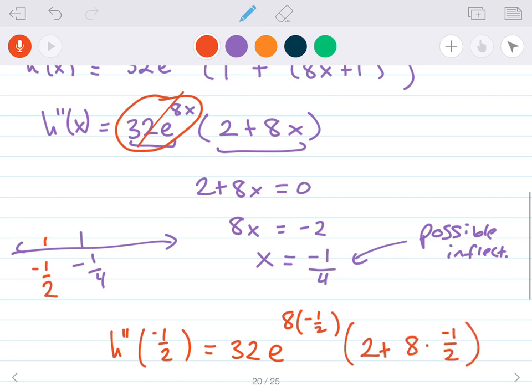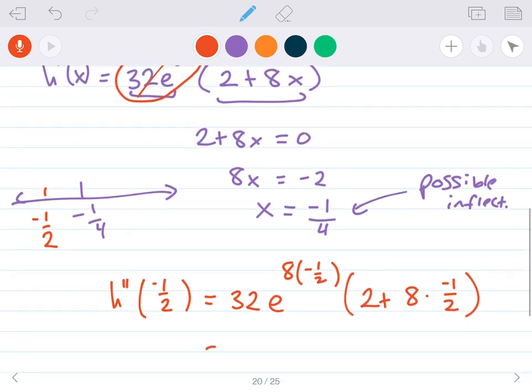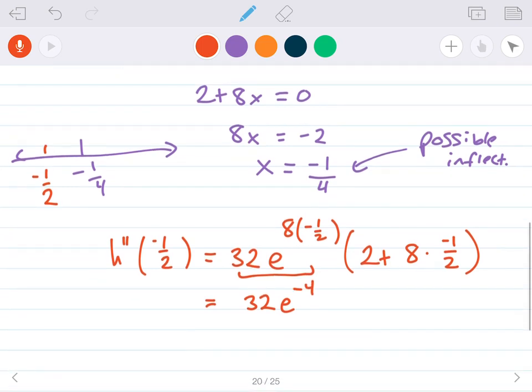All right, so let's clean this up a little bit. What I have here is just 32 e to the negative 4. Now, e to the negative 4 is just 1 over e to the 4, which is positive. So this is positive.